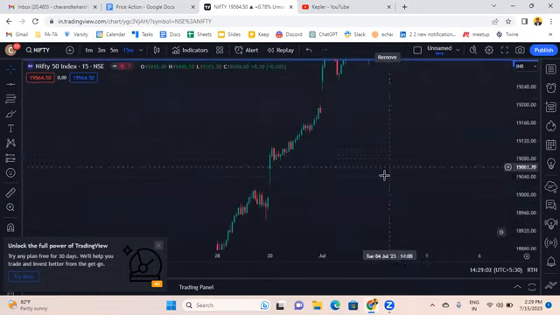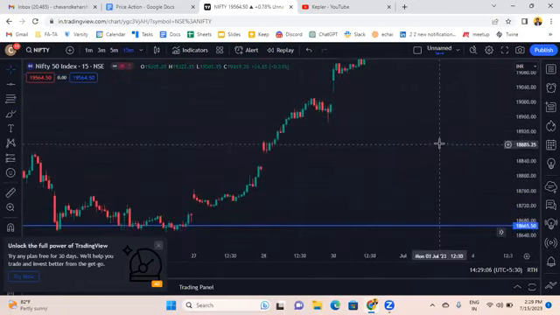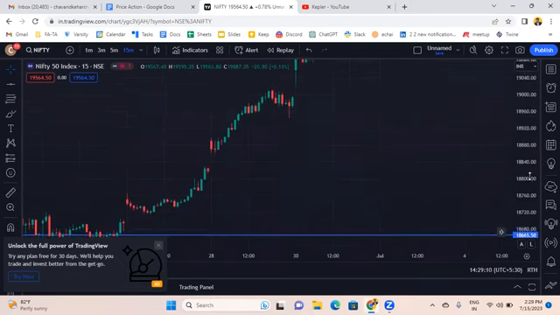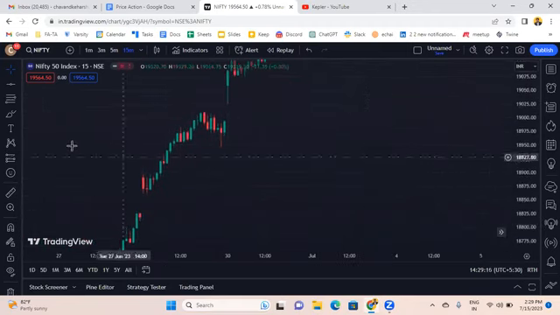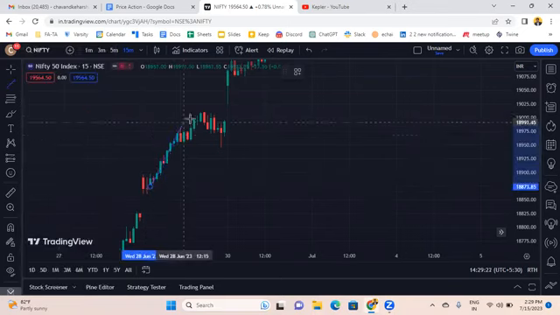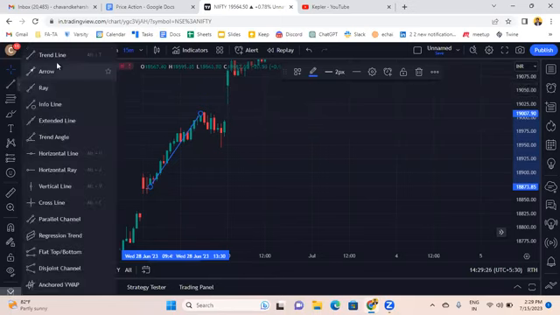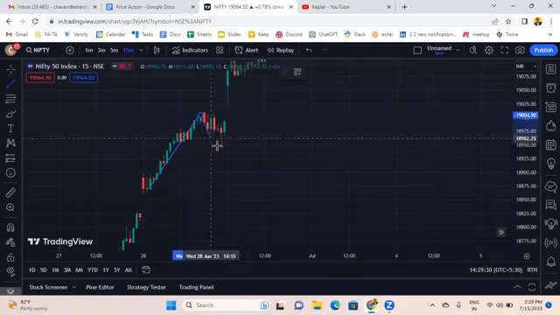To find a pullback, you first have to understand the trend, because if you don't understand the trend, you will not be able to figure out the pullback. So see, this is an uptrend over here. This is an impulse. This is the pullback. Most intraday traders trade the pullbacks.